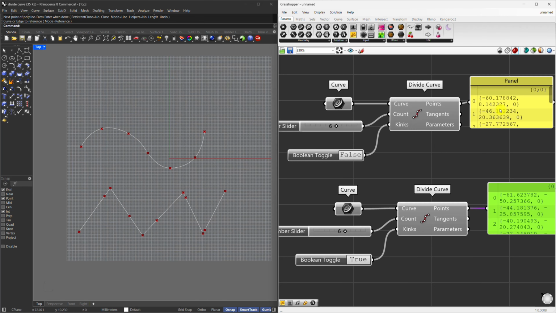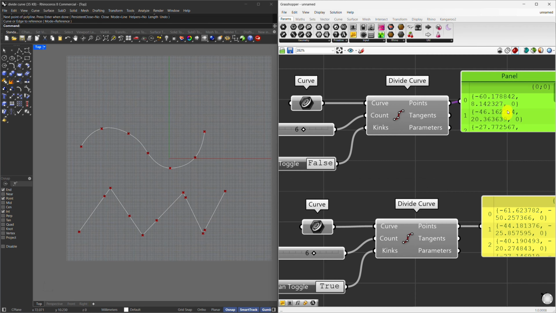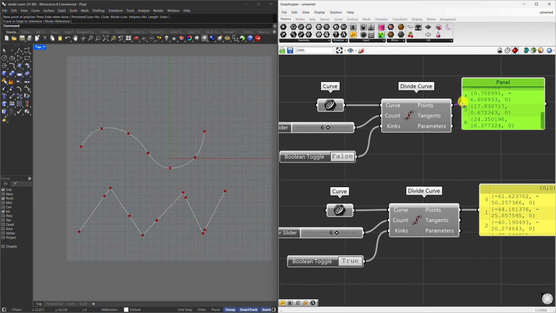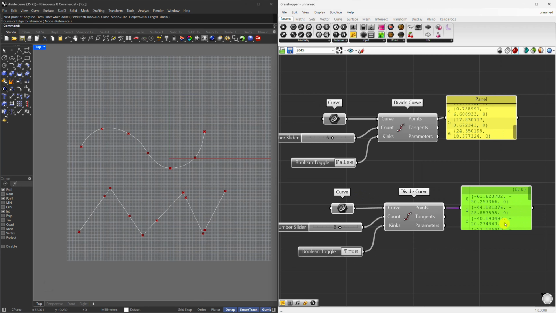In the smooth curve, when you look at the panel, we have 7 points. It is showing 6 because it starts from 0. Counting 0, it will total 7 points. At the same time, if you look at this one, you can see 10 points because this is true. When you switch it to false, it will become 7 points including 0.